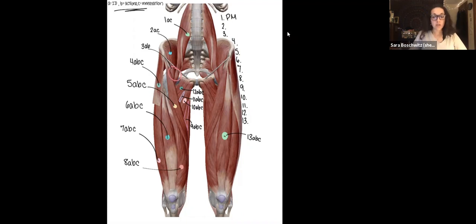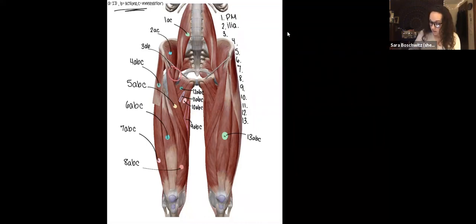All right. And so we're looking for ID and innervation. So the Psoas Major is going to be innervated by the ventral rami of the lumbar nerves. All right, number two, we're looking for the iliacus. All right, and that is going to be innervated by the femoral nerve.